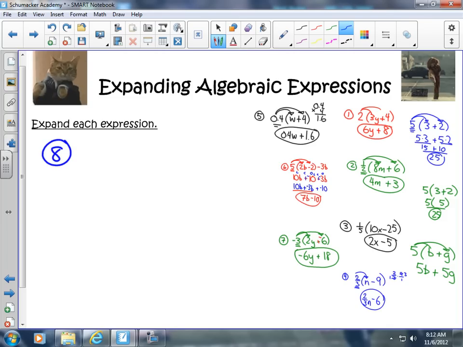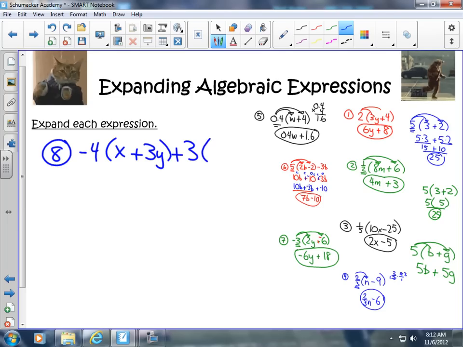All right, let's go ahead and do negative 4 times x plus 3y plus 3 times 2x minus 5y. Okay, I'm going to use some different colors so we don't get ourselves too confused.